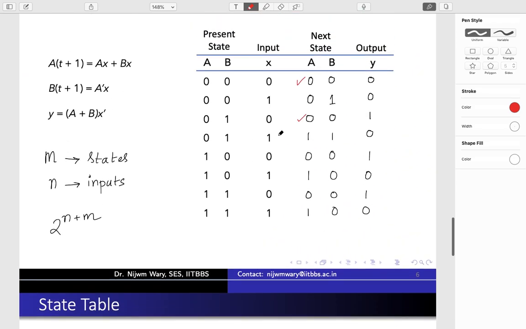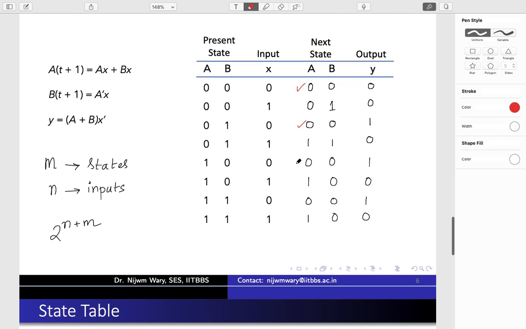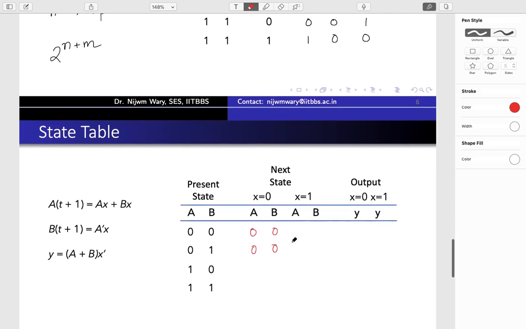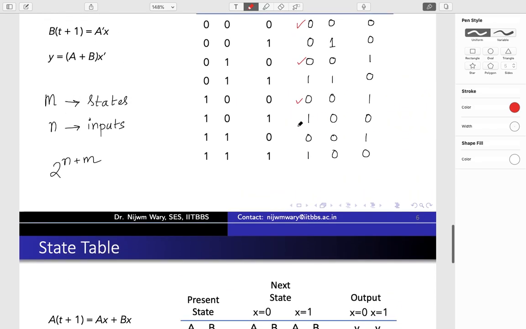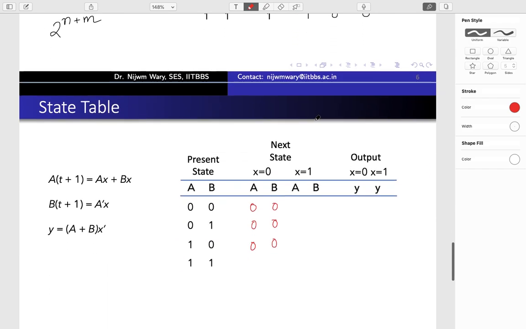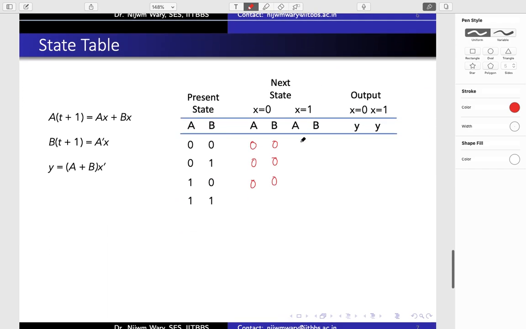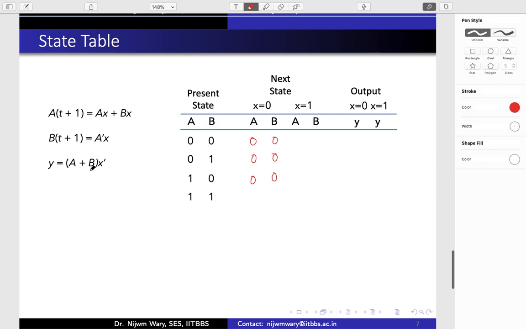And when input x is 0 and it is 1 0, again it is also 0 0. So either we can use this equation to fill this table in this form, or if you are directly trying to make this table, we can directly use these equations also.